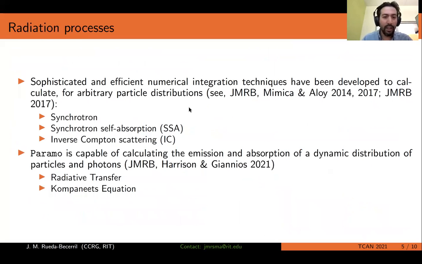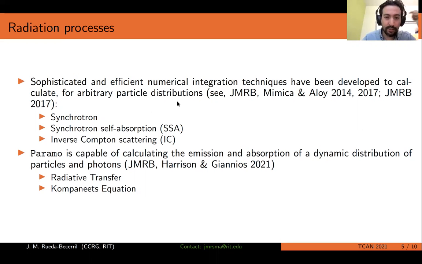And for photons, a series of sophisticated numerical techniques have been developed some time ago to be able to calculate the synchrotron self-absorption and inverse Compton scattering for an arbitrary distribution of particles, not only a power law, but a dynamical, not so simple distribution of particles.